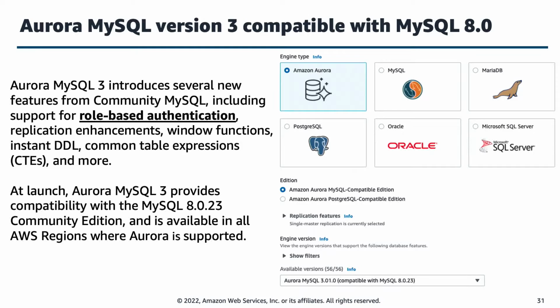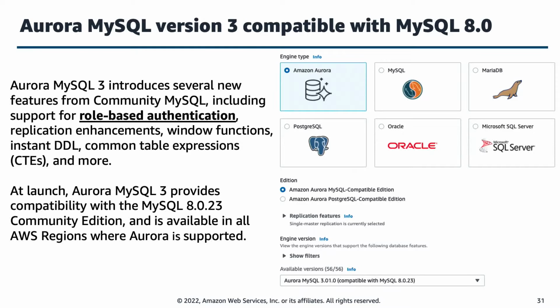So in Aurora version 3, compatible with MySQL 8.0, introduces MySQL 8.0 community features. And one of the features that I was working on is support for the role-based authentication, right?